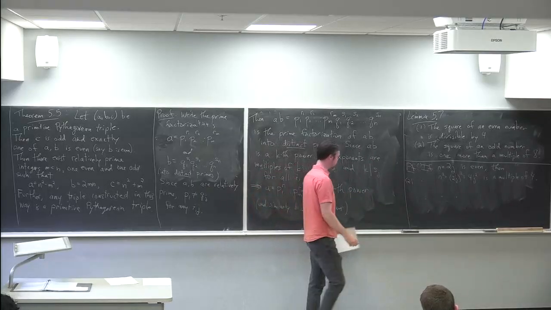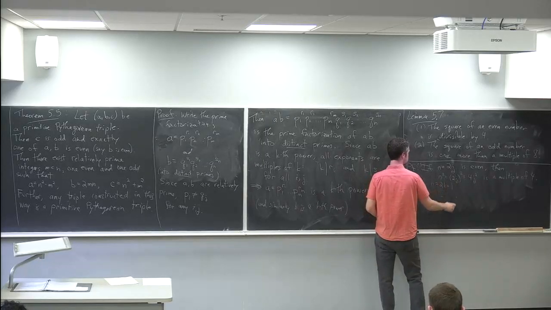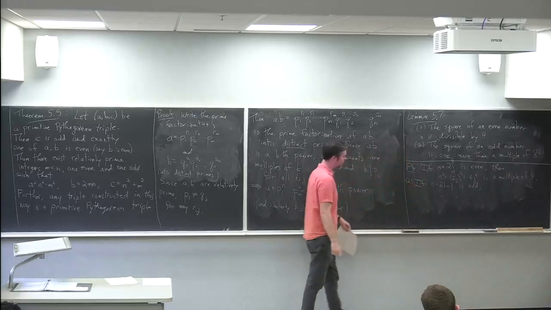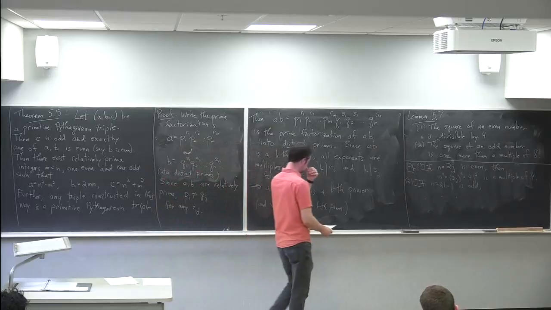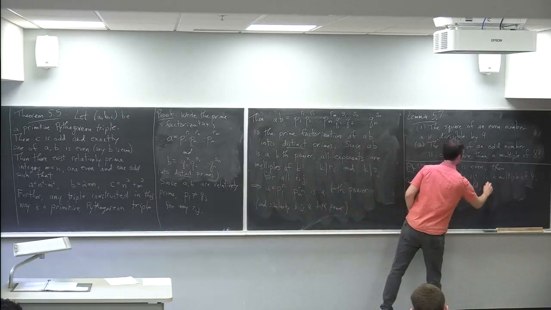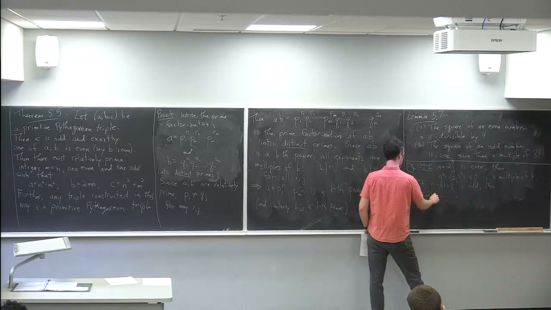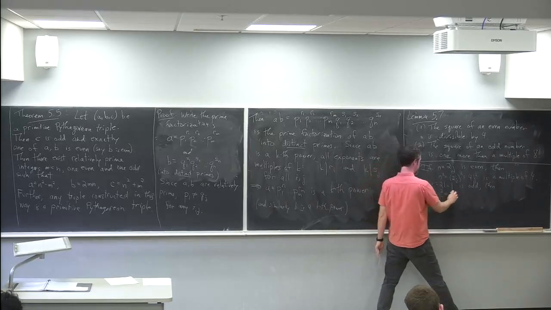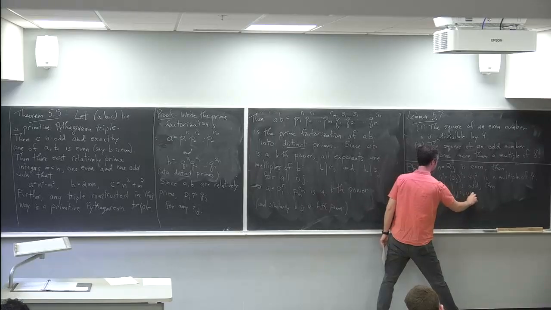Now suppose you start out with something that's odd. An odd number would always look like 2k plus 1. It looks like one more than a multiple of 2. So what happens if you square it? Then 2k plus 1 gets squared, and you can do your algebra to say this is 4k squared plus 4k plus 1.